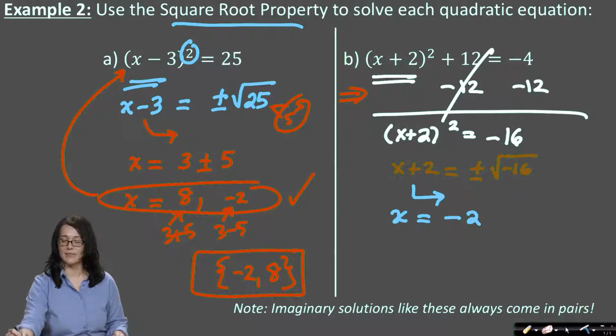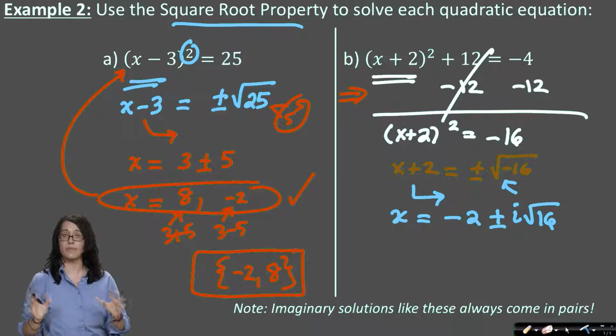Okay, -2 is being added or subtracted to the square root of -16. But wait, a square root of a negative is really imaginary. That's correct. That's an i. The square root of 16 is next to it. So I have x must equal -2 plus or minus i times the square root of 16. But wait, we can really simplify the square root of 16, can't we?